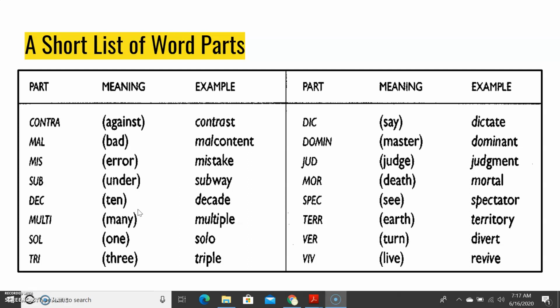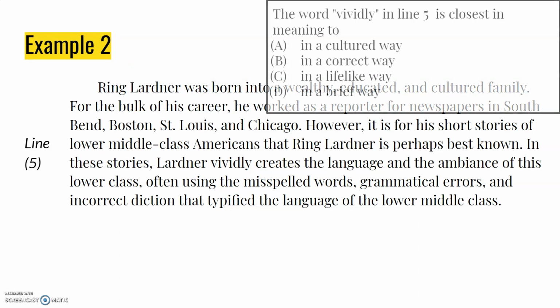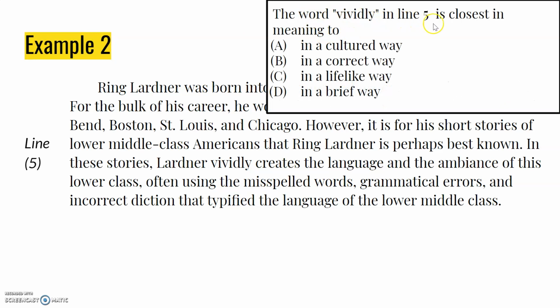Okay, that's it. If you have more questions about the list of word parts, I will give you more examples in our group discussion. However, in the reading comprehension test, this is the example. The word vividly in line 5 is closest in meaning to. Let's see, line 5, vividly.